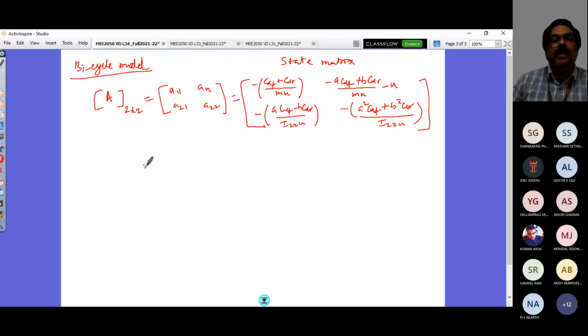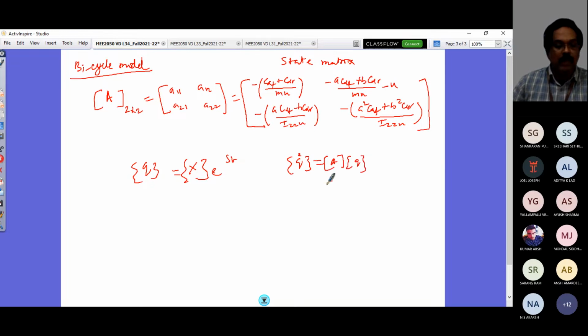Here my equation Q equals x e raised to st. So if I substitute that in q dot equals aq, I also get its differential, so that's going to be s x e power st. So put this in this.